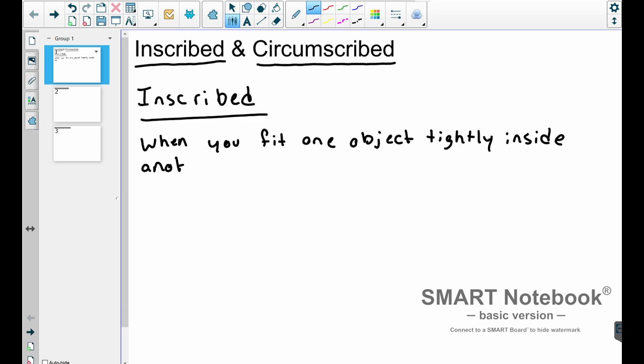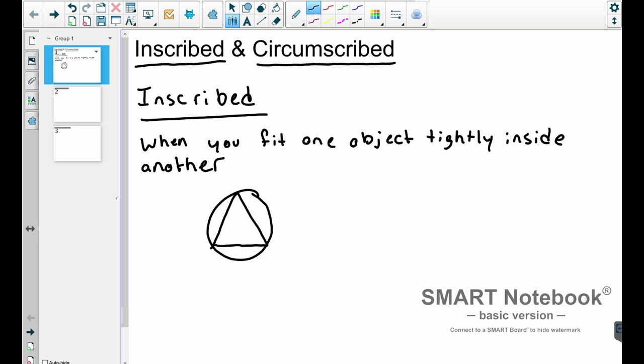So that would be an inscribed object. So let's think we had a circle and a triangle tightly fit inside of it, then that triangle is inscribed within the circle. That's not too bad to think about.